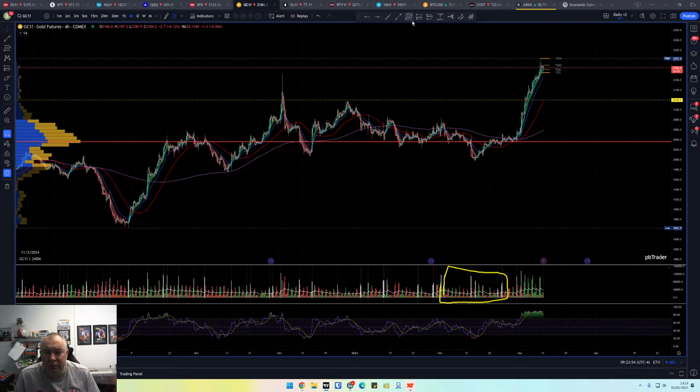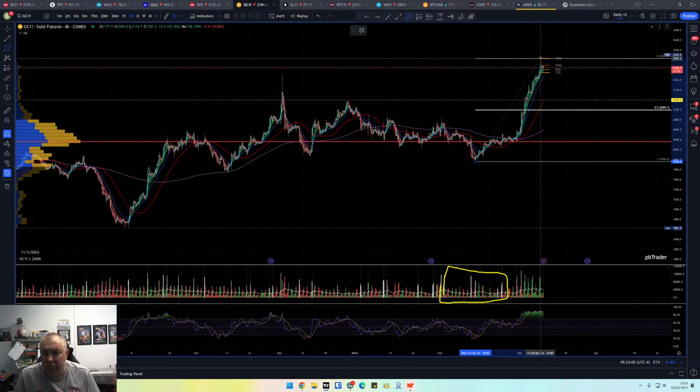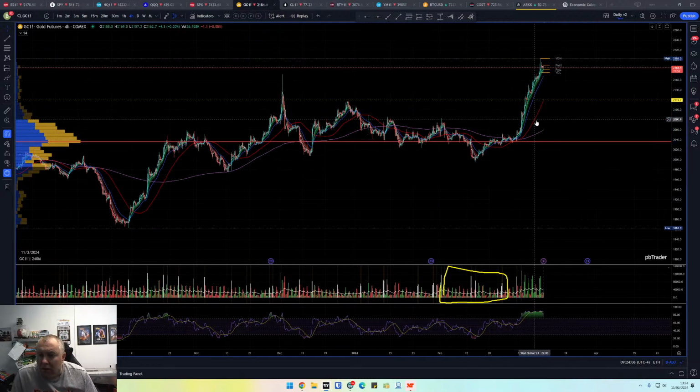And what's that on the fibs at 50%? No, far from. Potentially coming into the 50 as well.